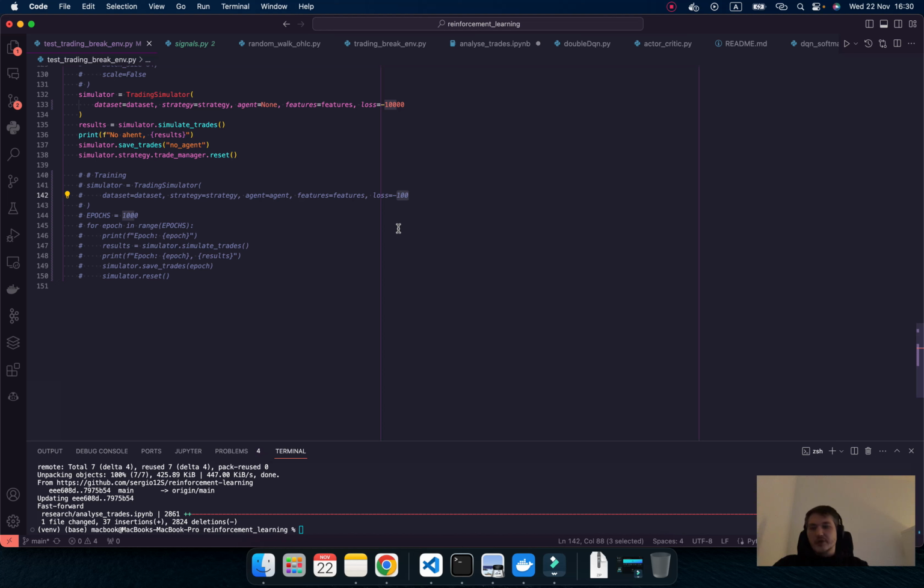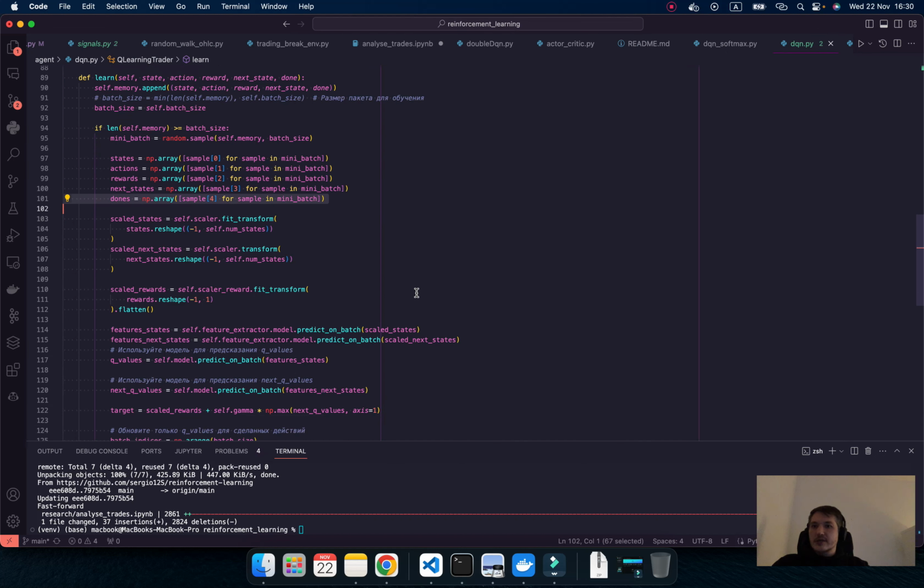So this algorithm tries to trade with a positive balance from the first trade. But in the future, we need to improve this one. I mean, I need to do some rolling drawdown from the high of our profit line. Okay, and then I scale states.